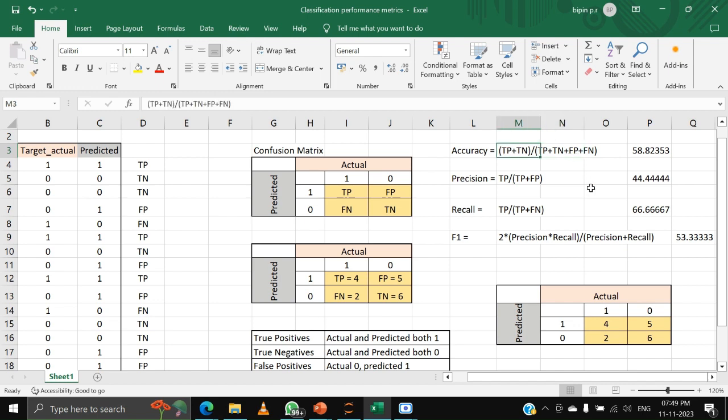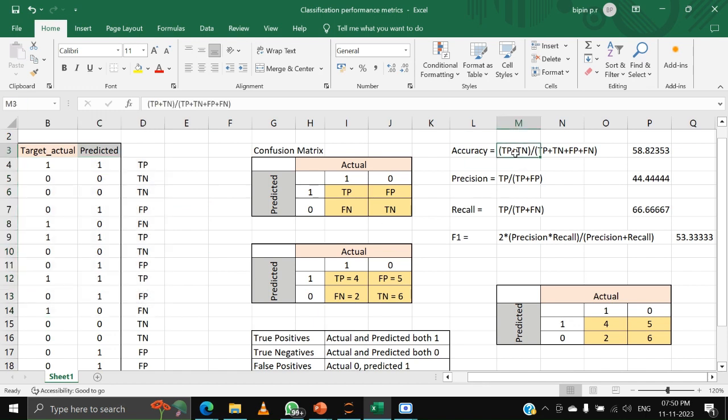Now, in this example, the TP is 4, TN is 6, and the total is 4 plus 5 plus 2 plus 6. When you calculate it, you will get some value. I obtained it as 58.882. So this is the accuracy of the classification we have done here, just for illustration purpose.